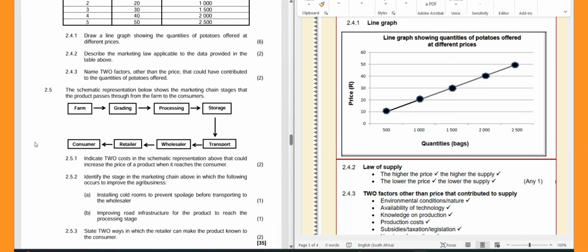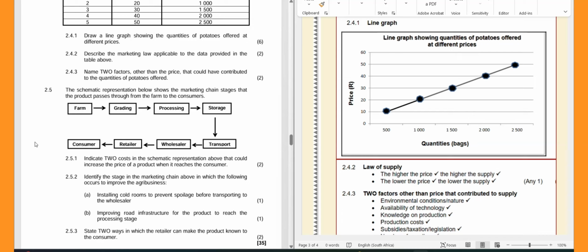2.4.2, describe the marketing law applicable to the data provided in the table above. So we want the marketing law, and we know the marketing laws that we have: the law of demand and the law of supply. But here we are dealing with the supply, because we have a line graph showing the quantities of potatoes offered or supplied in a market at different prices.